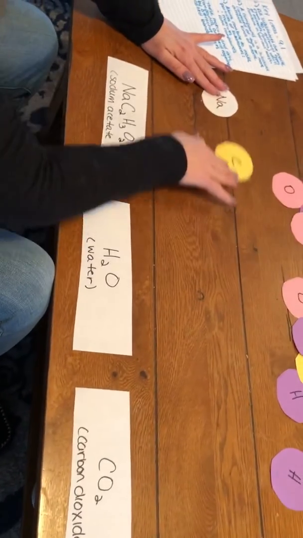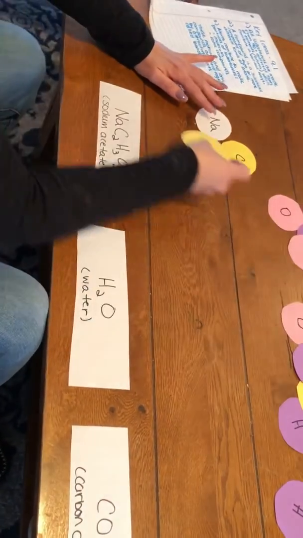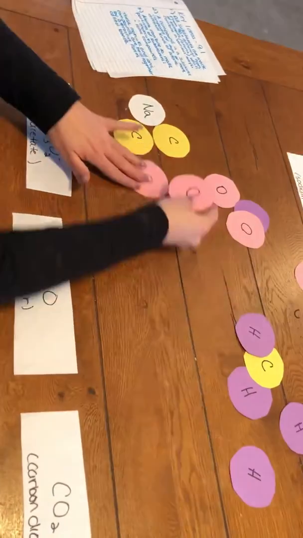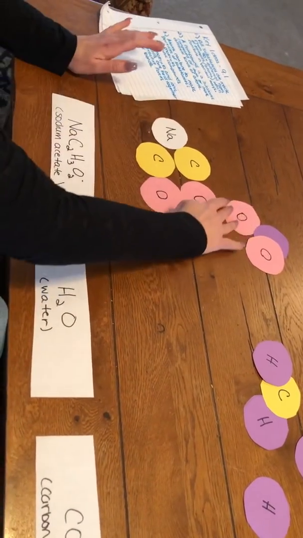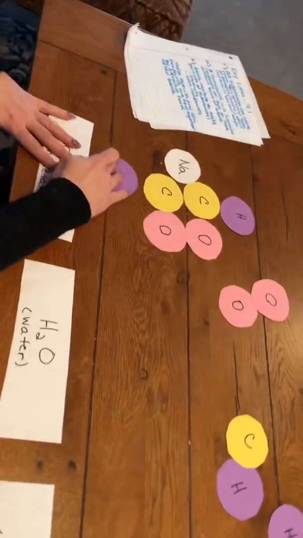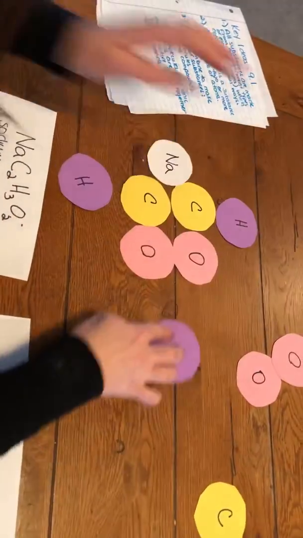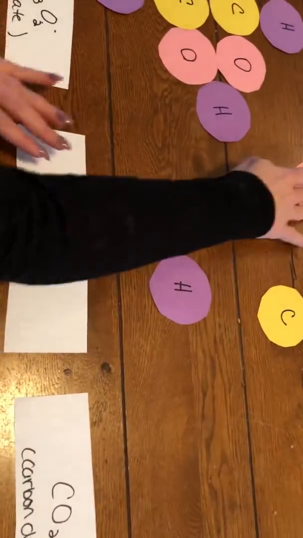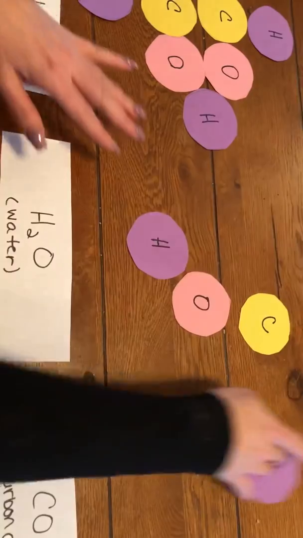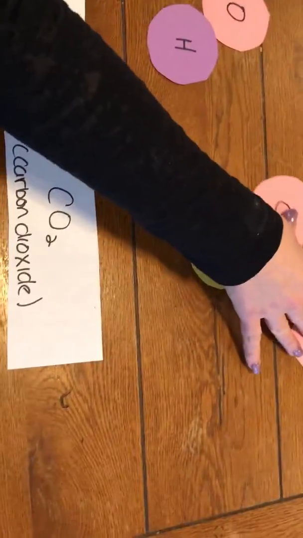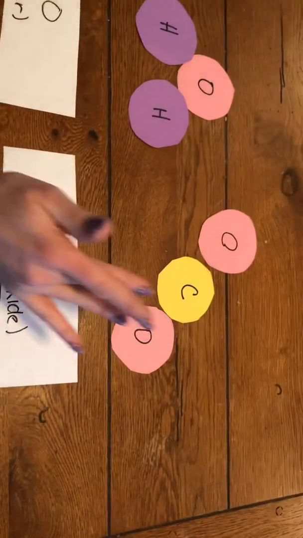We're going to get sodium acetate, which is NaC2O2H3. We're going to get water, H2O, and carbon dioxide, which is CO2.